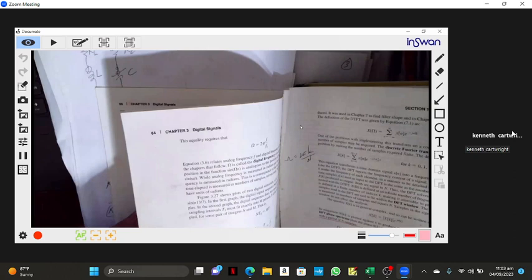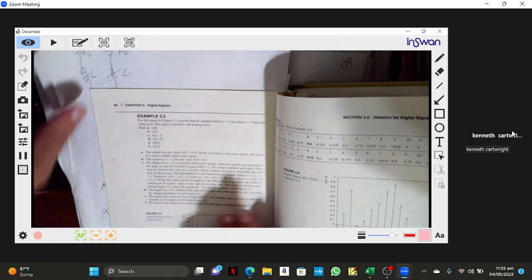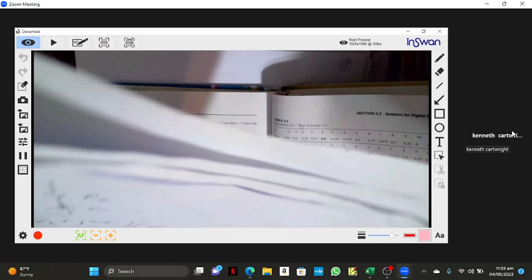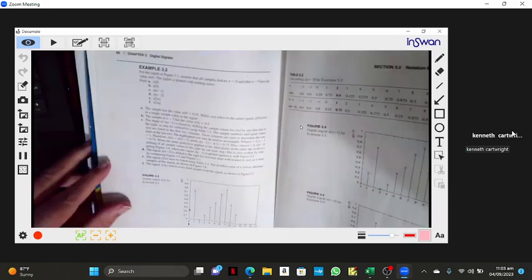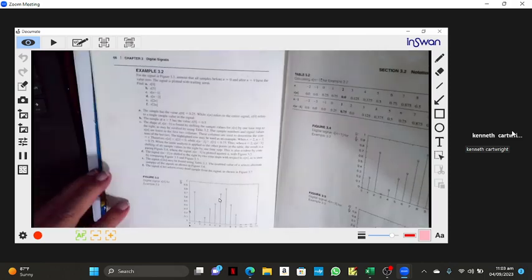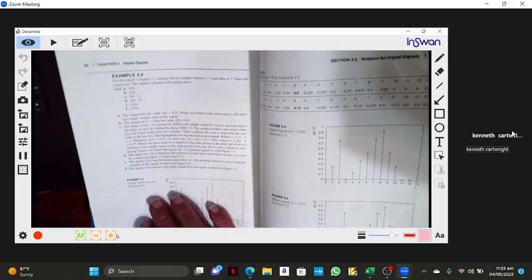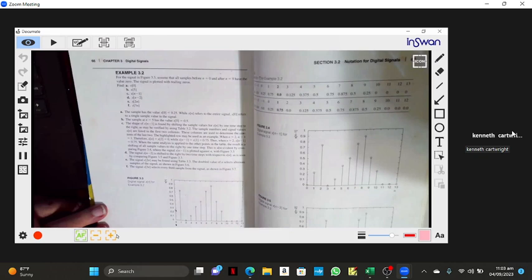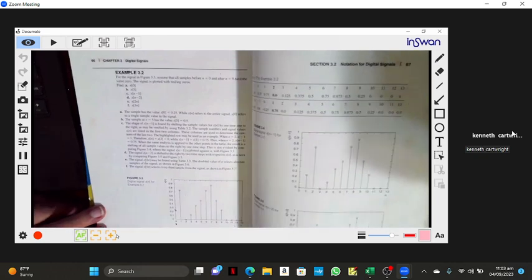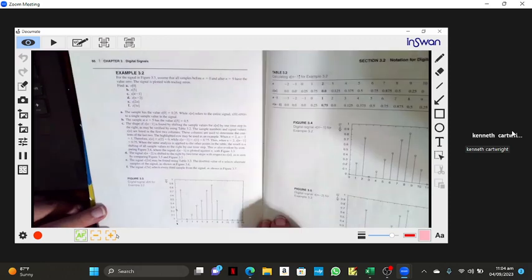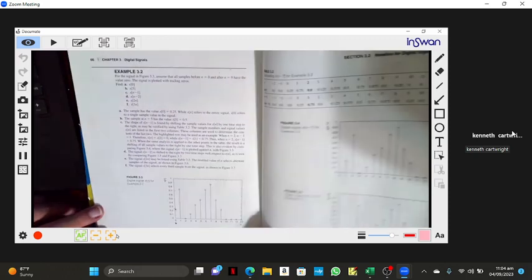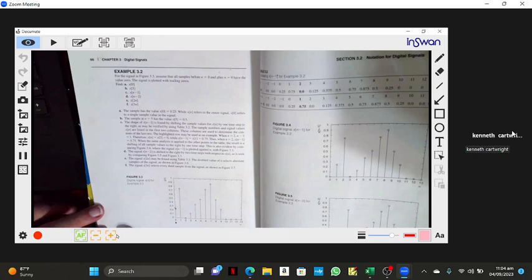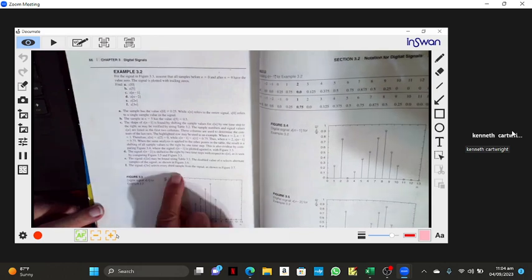Let's go to example 3.2 of your text. We're looking at figure 3.3. And we're plotting not x of t, but x of n.